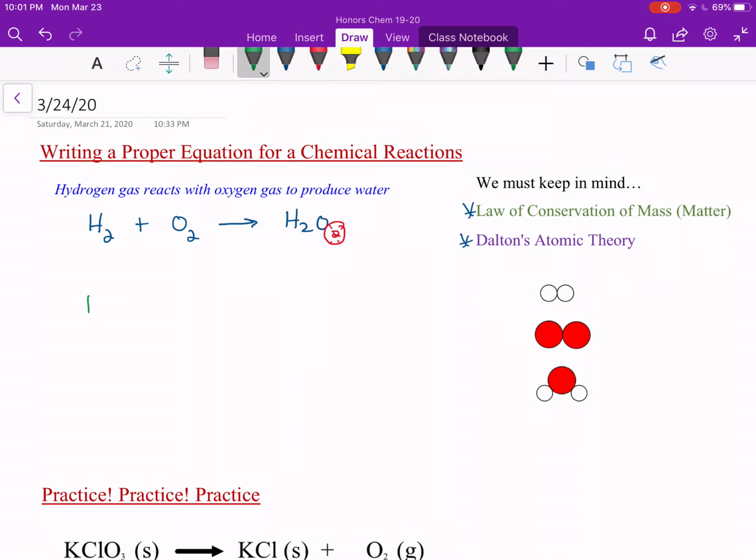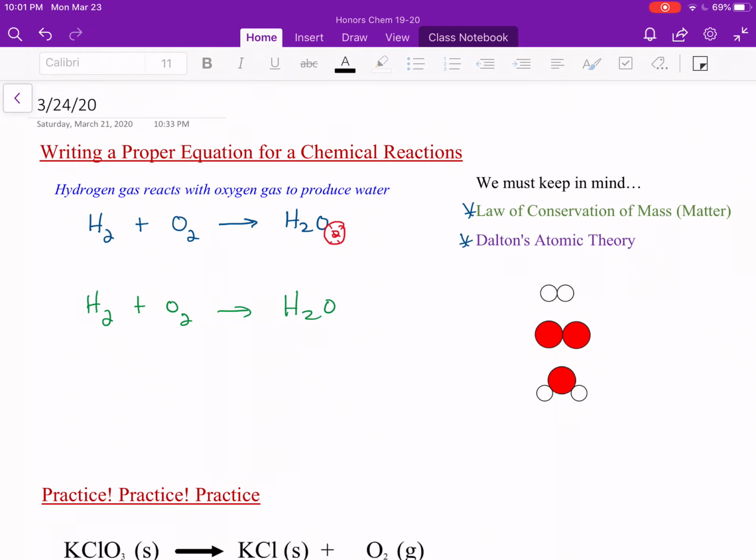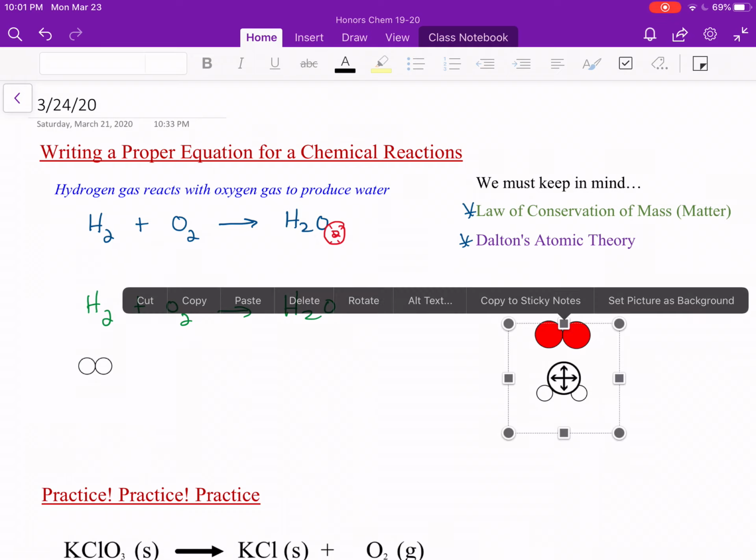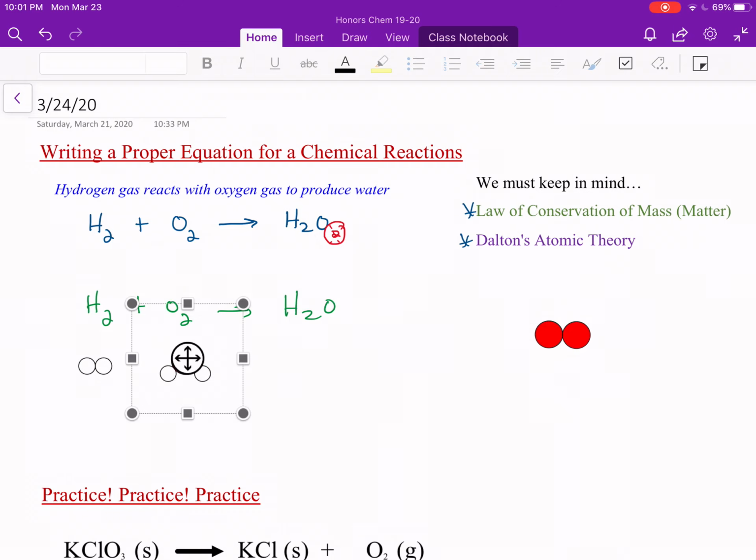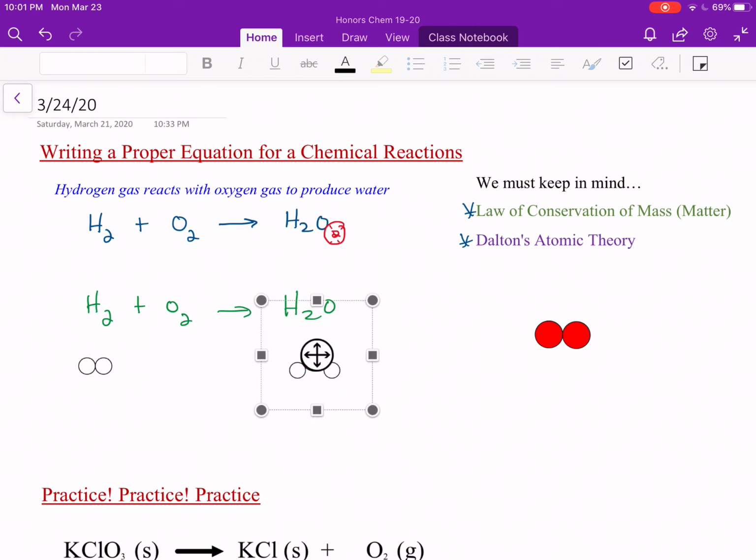And so if we look at this and we say, okay, we have our H2 plus our O2, and we're going to go to our H2O, then what do we need to do and how can we do that? Well, as you can see, we have our hydrogen here, we have our oxygen here, and there's our water. And we have our oxygen here.